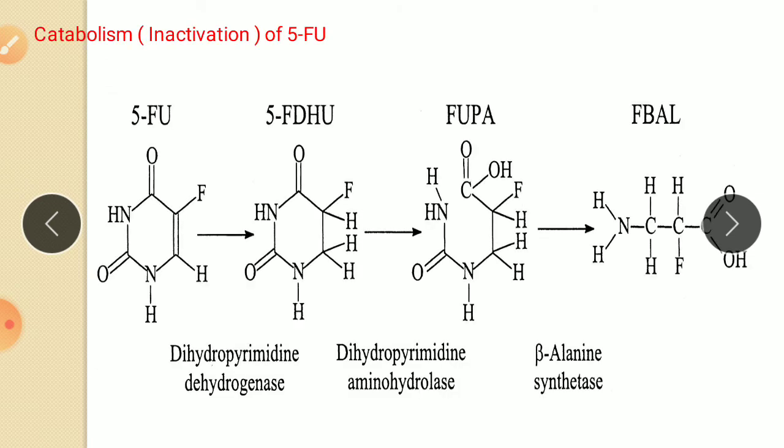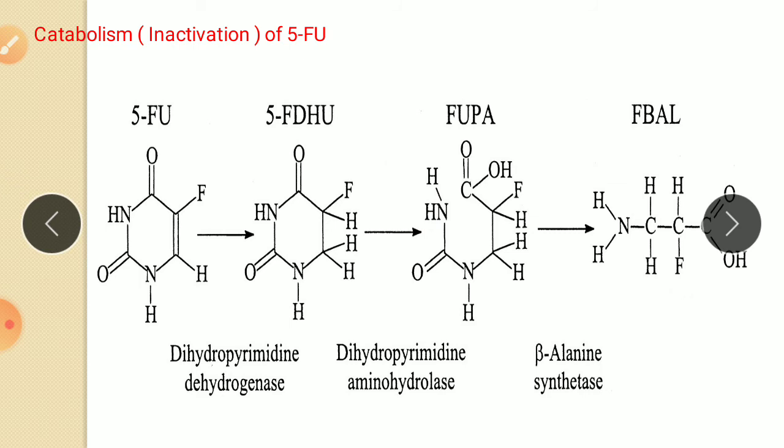Now the metabolism of 5-fluorouracil. First there is a reduction, hydrogen is added here, the pi bond is broken. So there is addition of H2 by breaking of the pi bond like this.